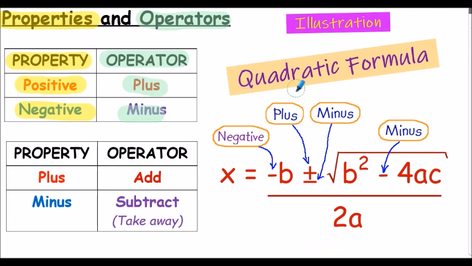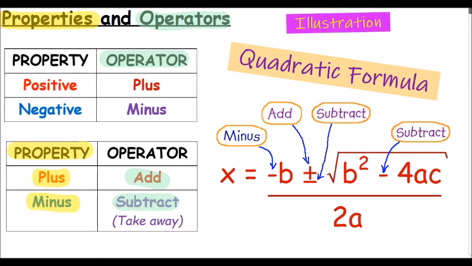I'm very briefly referring to the quadratic formula that's used. It should state x is equal to negative b plus or minus the square root of b squared minus 4ac, all divided by 2a. Alternatively, the quadratic formula could be stated as x is equal to minus b add or subtract the square root of b squared subtract 4ac, all divided by 2a.